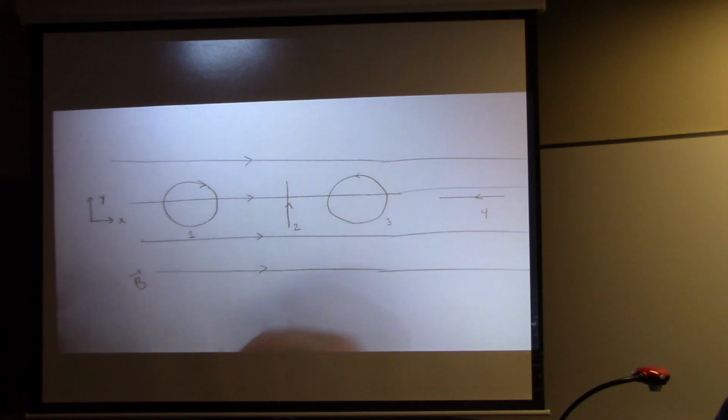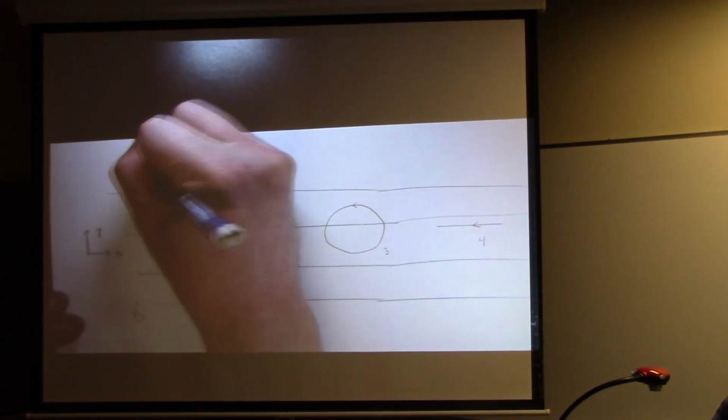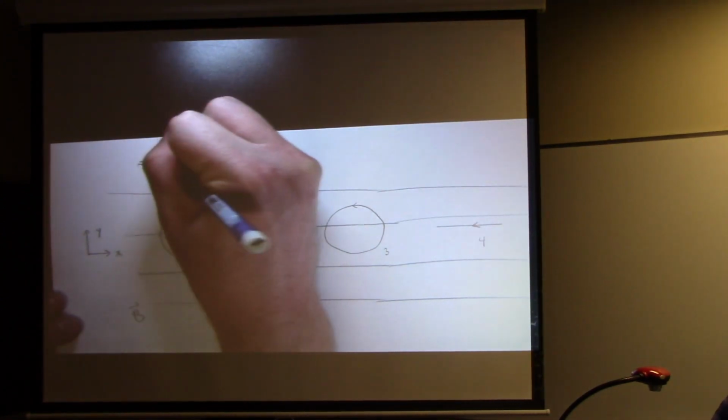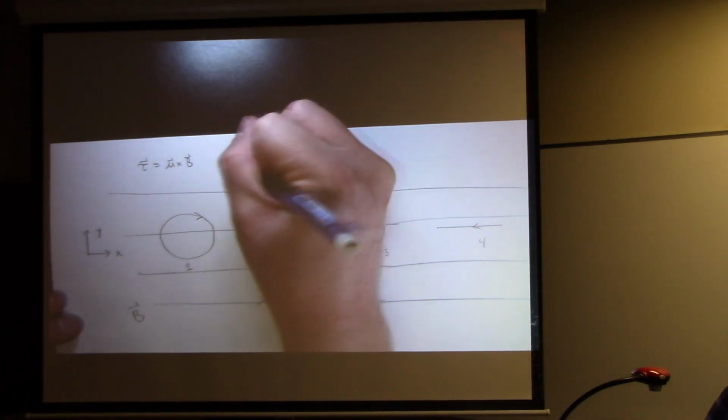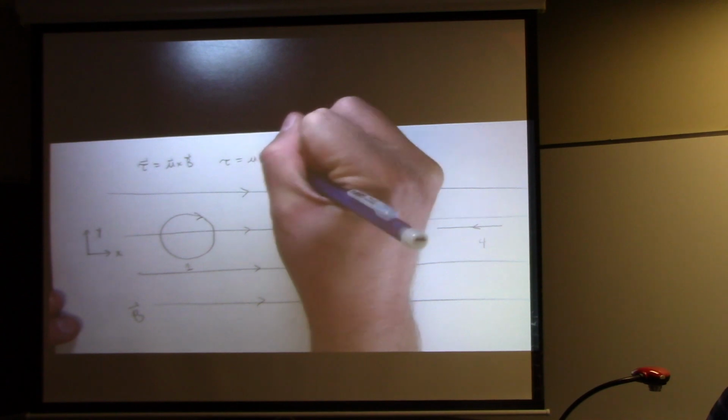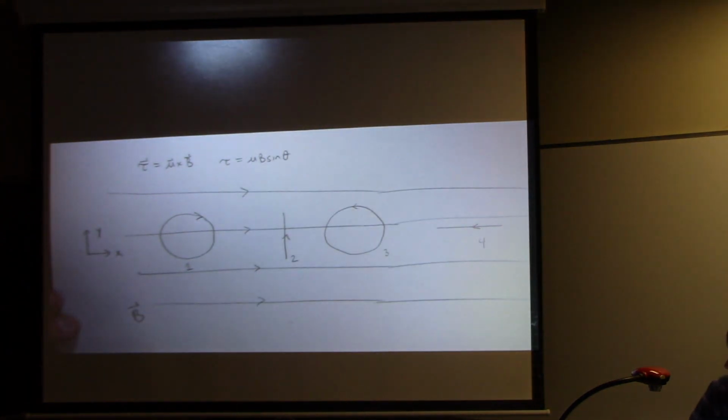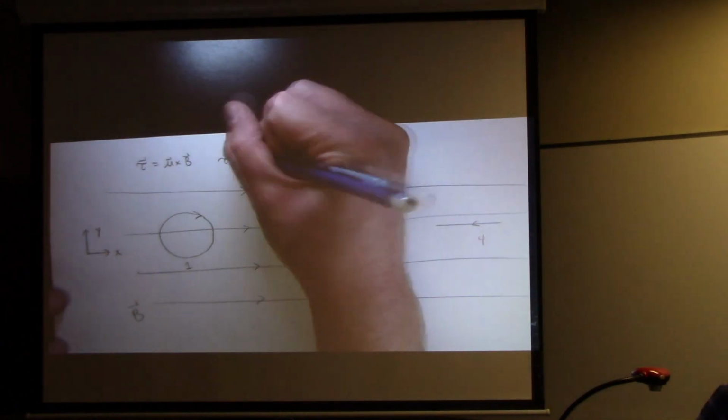So for all of these, the basic idea is the torque is mu cross B, and the magnitude of the torque is mu B sine theta. So it's just any other cross product, that's how this works.